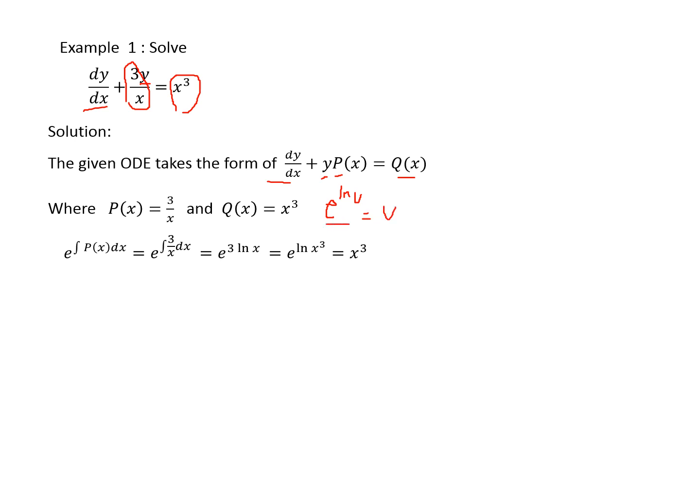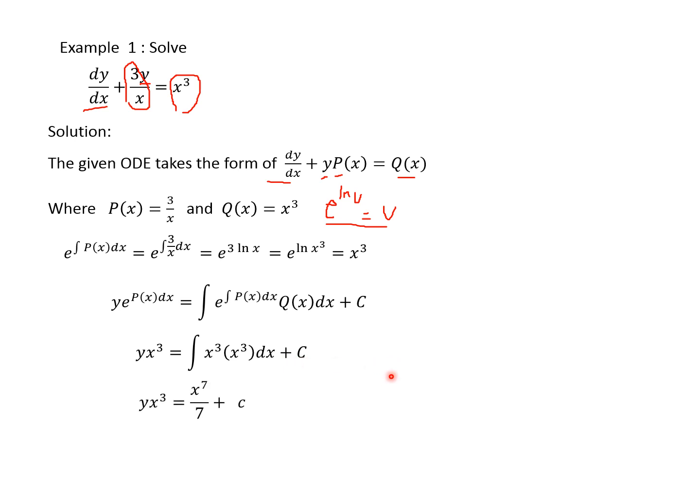So we'll remember this. Then what we do is we substitute it in the solution. You plug in y and then x³, and then the integral of the integrating factor x³ times Q(x), which is x³, dx plus c.